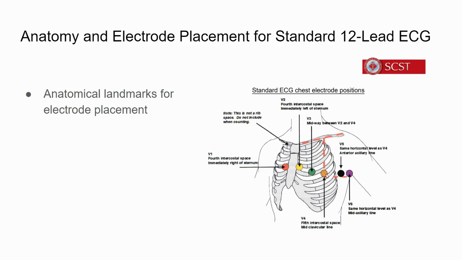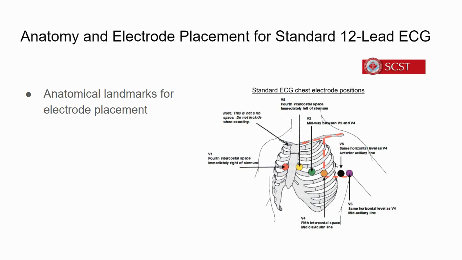That's where we put V4, in the 5th intercostal space. Then we go back and put V3 between V2 and V4. Next, we skip V5 and put V6 in the same 5th intercostal space.